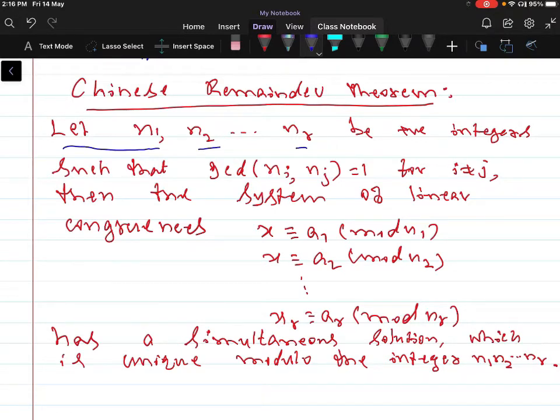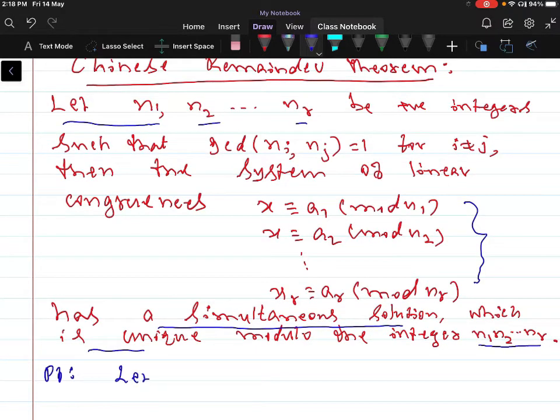Then the system of linear congruences x is congruent to a1 modulo n1, x is congruent to a2 modulo n2 and so on, x is congruent to ar modulo nr. So these are the system of linear congruences. These congruences have a simultaneous solution which is unique modulo the integer n1 into n2 into and so on nr. So now let us move to the proof of the theorem.